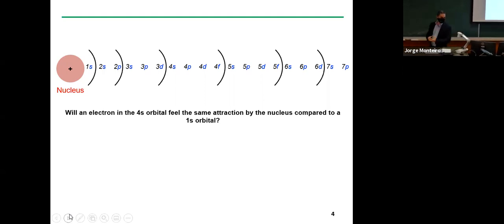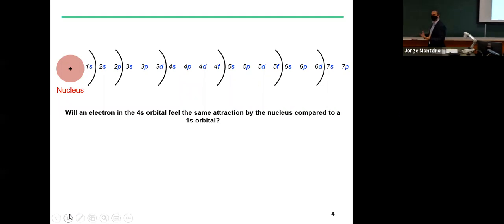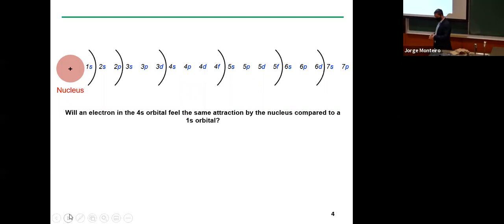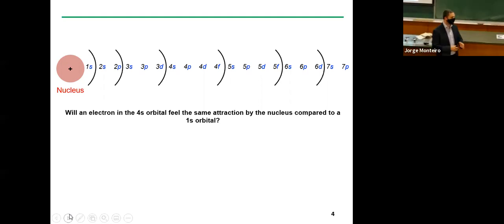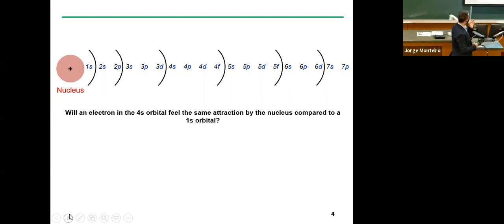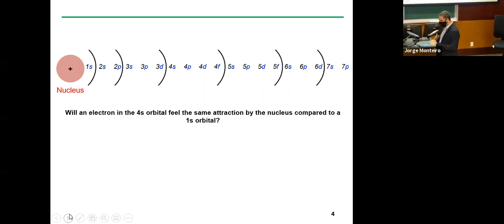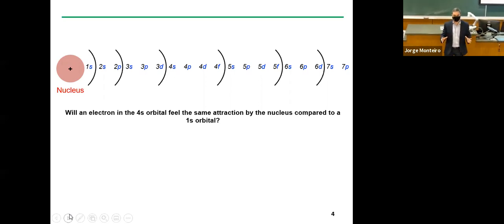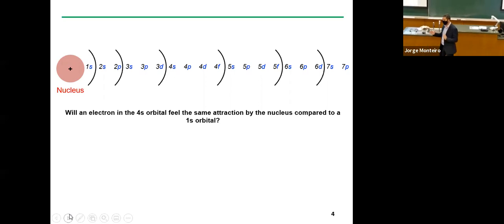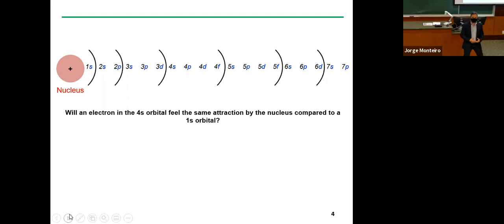Probably not, because the 1s orbital is right there in front of the nucleus, very close, while the 4s is far. So our hypothesis is that they will not feel the same attraction because of distance.